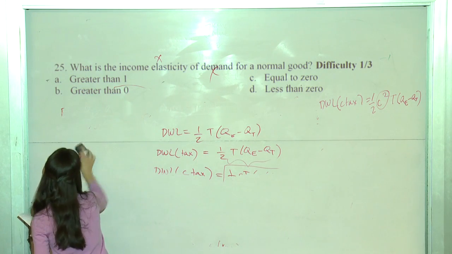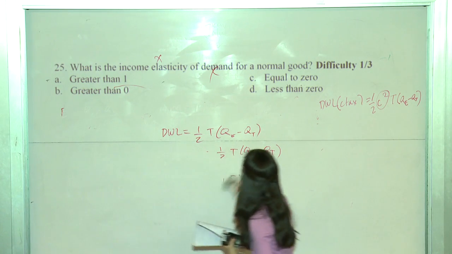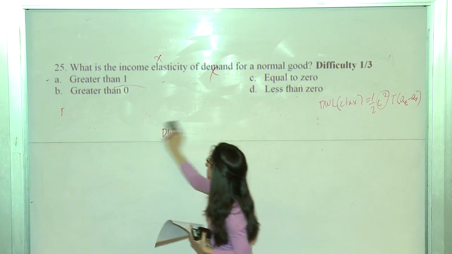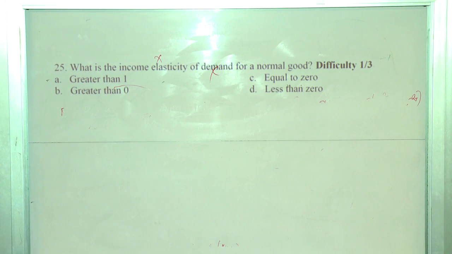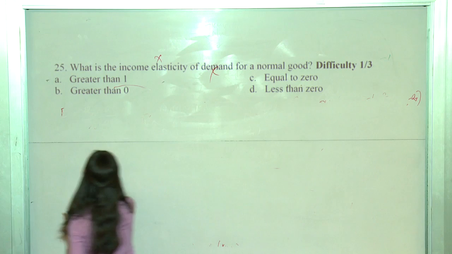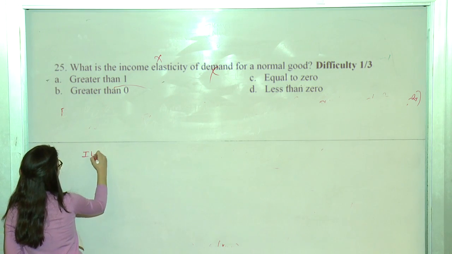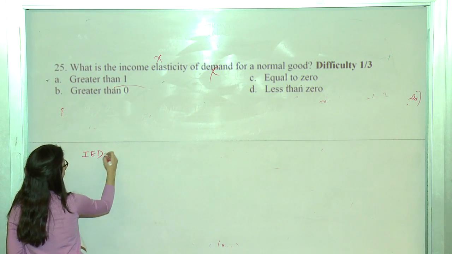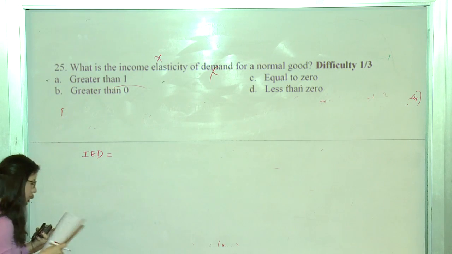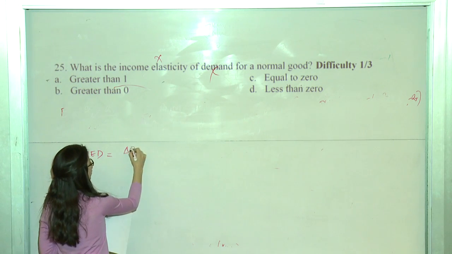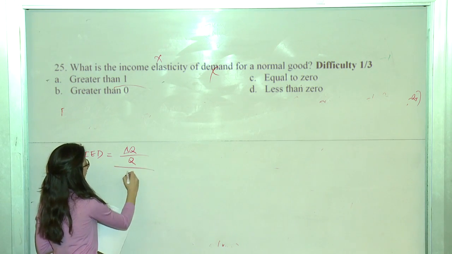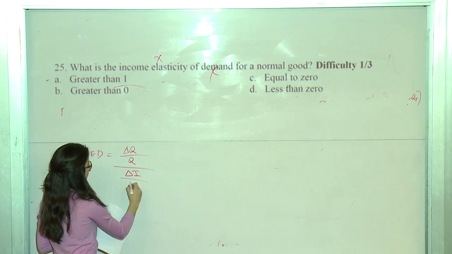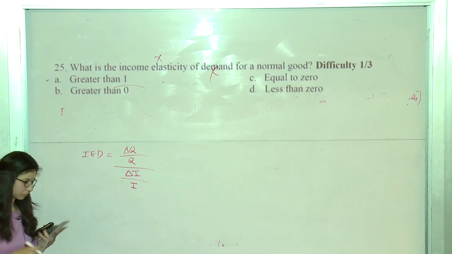What happens to the quantity demanded of a normal good when income increases? So the income elasticity of demand, IED, is equal to basically the change in the quantity over the quantity, divided by the change in the income over income.